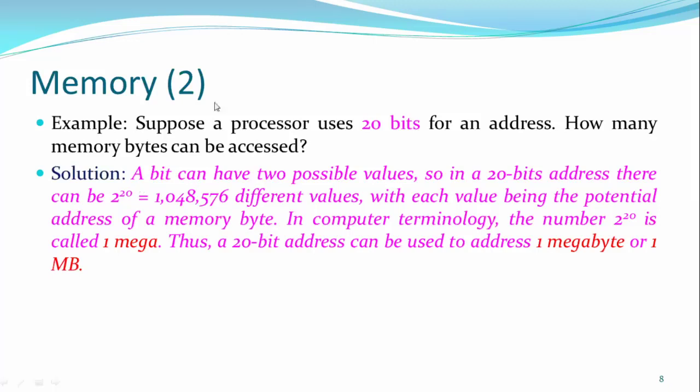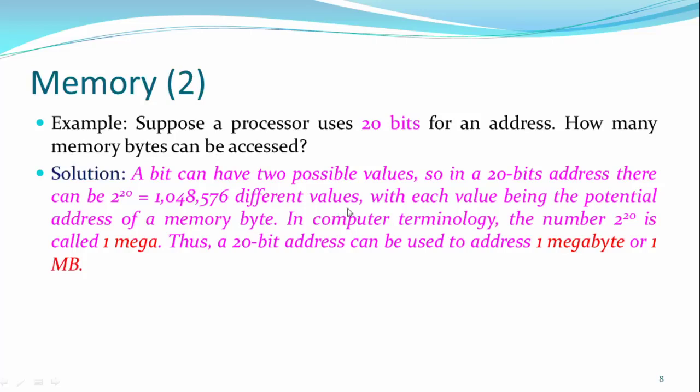Okay, so they are saying it has a 20-bit address, so it can be 2 power 20. Every bit can be either 0 or 1, right? That's why, according to the theory of binary numbers, it is 2 power 20 in total.